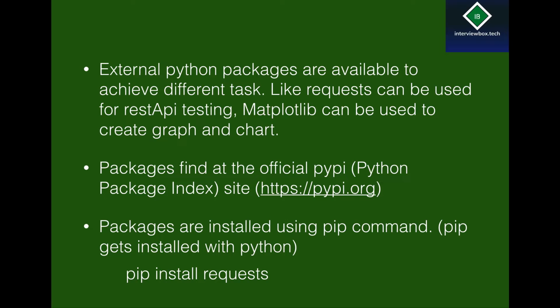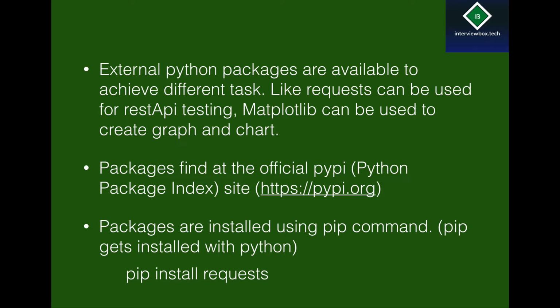For example, if you want to do REST API testing, like HTTP call testing, there is a request package available that you can use. And if, for example, you want to create charts and graphs within your project, you can install the matplotlib package. So these are all open source that you can install.